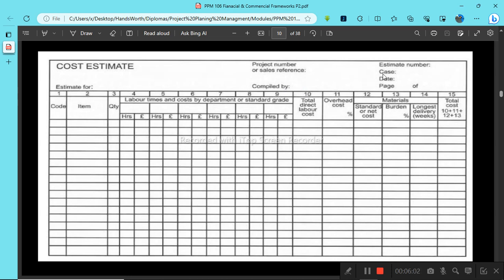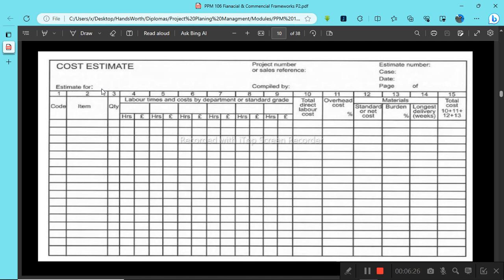Then here we have got estimate number, where you indicate the total estimate number, the date, and then the page number of this given form. Then here you indicate specifically what it is that you are estimating: estimate for.